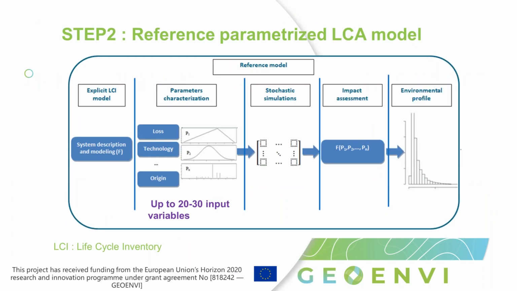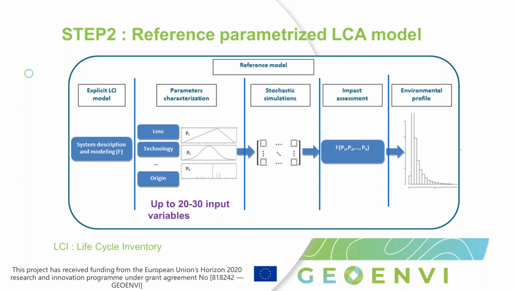So that was step 1. Step 2, as I said, we have to go through the definition of a parameterized LCA model. So you have first to explicitly define your life cycle inventory, and select your input variables. You can go up to 20, even 30 input variables, and define the appropriate boundaries.